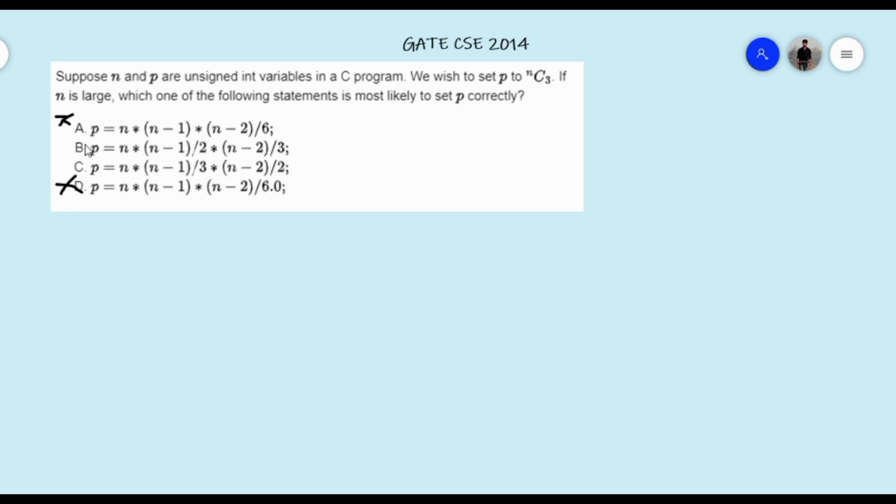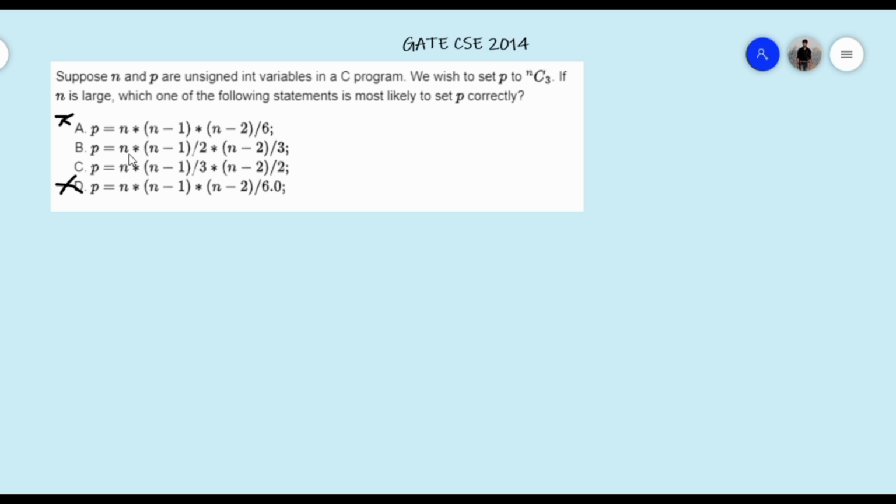Now if you see options B and C, in option C we have n into n minus 1 divided by 3. In any case, if n is an even number, then n minus 1 will be odd.